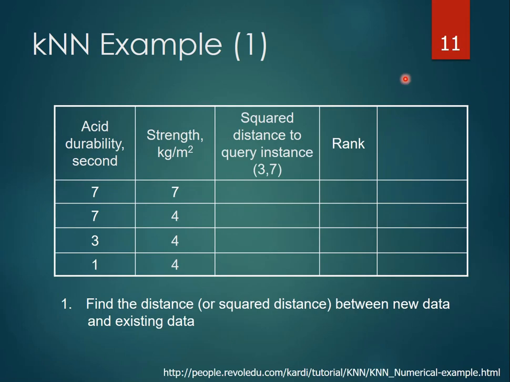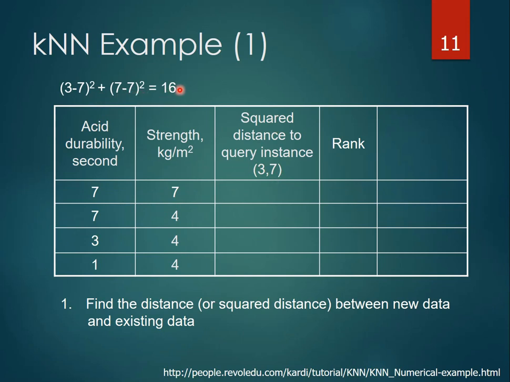So first of all, in kNearestNeighbor, we need to find the distance or the squared distance between the new data and existing data. So these are the existing data, and we want to find the distance between this new point, which is 3, 7, and each of these existing data points. So for example, the distance between 3, 7 and 7, 7 is basically 3 minus 7 squared plus 7 minus 7 squared.